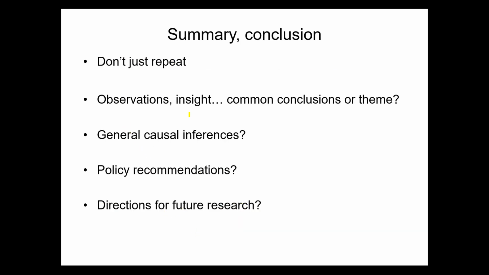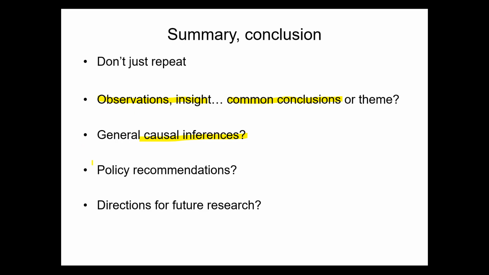As far as your summary goes, it does not need to be very long, because for the summary, you don't want to just repeat what you just said. You want to provide some observations or some insight as to what you've learned from those very credible, legitimate sources. Are there any common conclusions that these various sources could actually tie together? Is there a common theme as to what's causing this problem, or some general causal inferences that some of these studies had actually measured to find correlations between this or that?